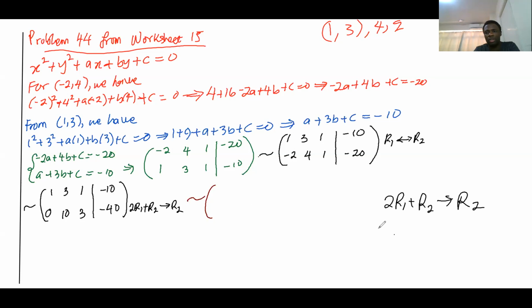Okay, Karen said R1 minus 2R1. No, you can't use R1, R1. Okay, R1 minus 2R2. So how will that do anything? R1 minus twice this. R1 minus twice this.